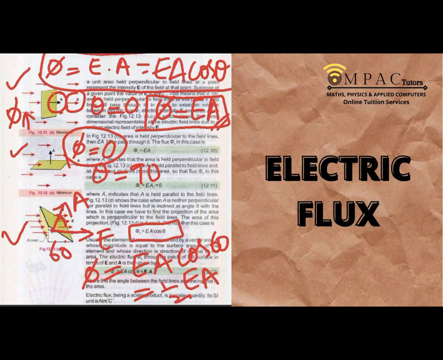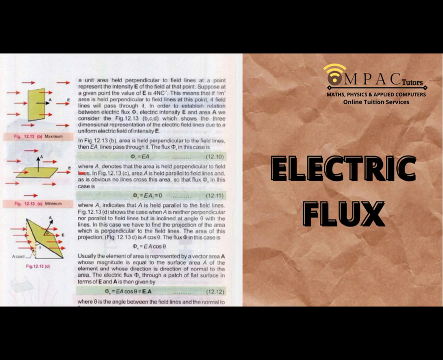One thing should be noted: the angle is between E and A, the electric field intensity and the area, but the angle is not between the plane surface and the electric field lines. If I check the angle for the first case, you would say it is 90 degrees, but it is not 90 degrees.